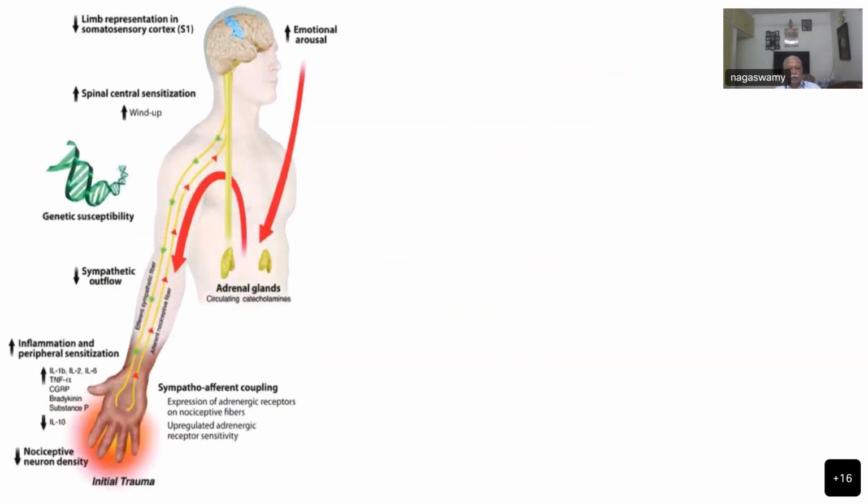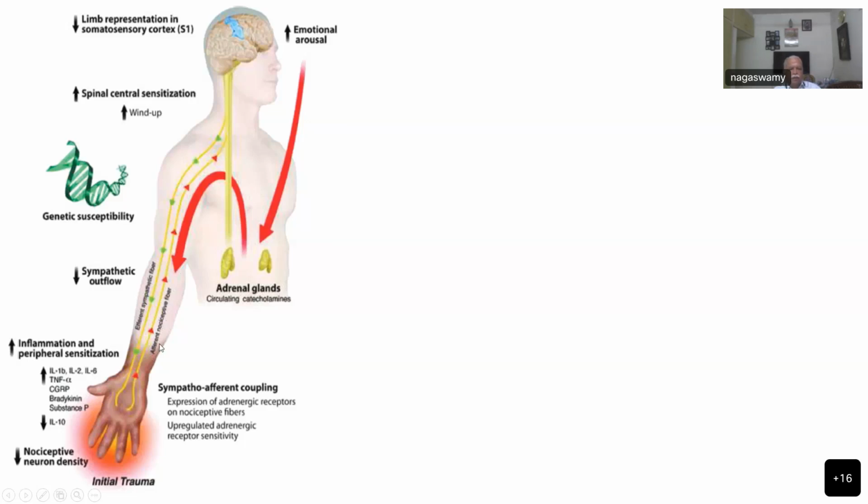Now this picture describes how all these things take place. This is the injured limb. Initial trauma is there. Depending upon the nociceptive density, you get an increase in the inflammatory cytokines: interleukin 1B, 2, 6, TNF alpha, CGRP, bradykinin, and all these things. There is inflammation and sensitization that is carried to the higher centers.